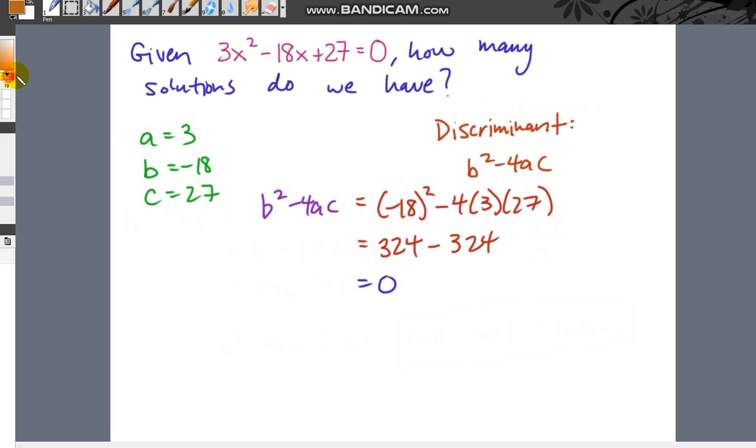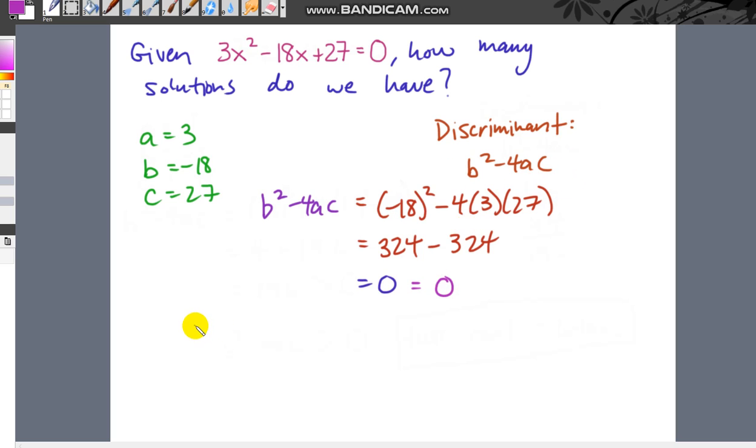So now the question becomes, well, is 0 greater than 0? Is it equal to 0? Or is it less than 0? Okay, well, what I see here, 0 is obviously the same thing as 0, right? So 0 equals 0.